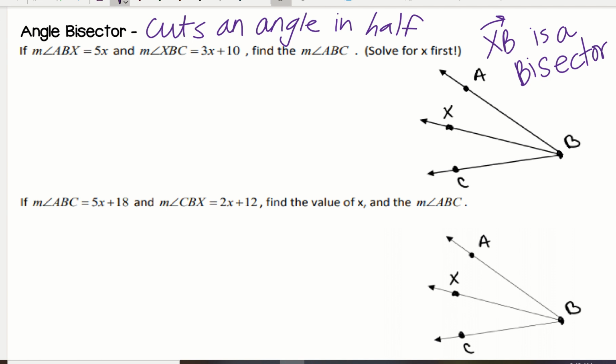So ABX is 5x, and XBC is 3x plus 10. So what do I do? What did we say an angle bisector cuts it into? Cuts it in half. If it cuts it in half, then what do I know about these two? They're the same, so they equal each other.